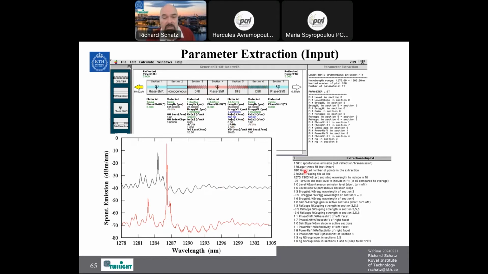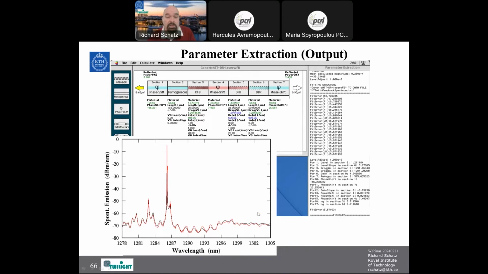It's done numerically by using both Powell's method and the Levenberg-Marquardt method. And then it's possible to get almost exactly the same agreement as you see here. The red curve is the calculated spectrum, and the black curve is the spectrum they published.